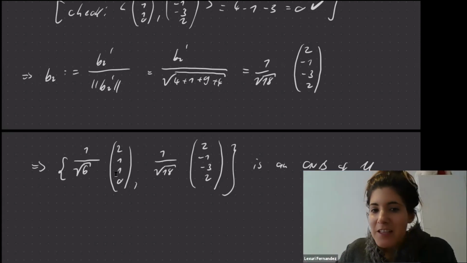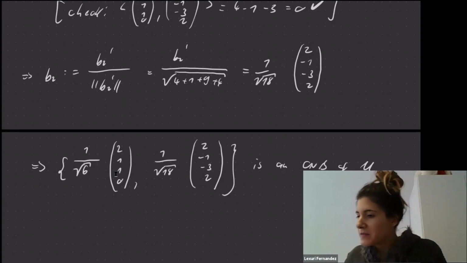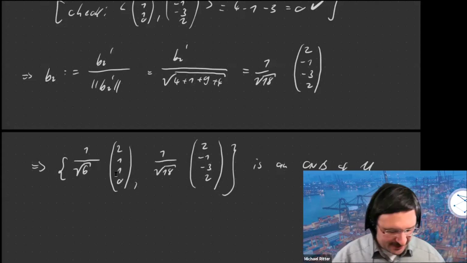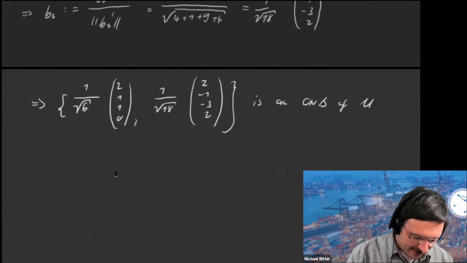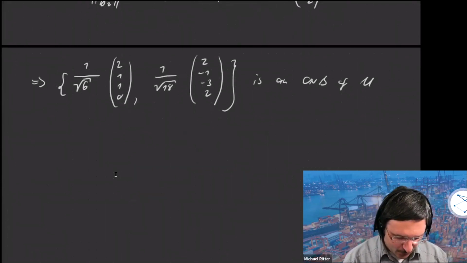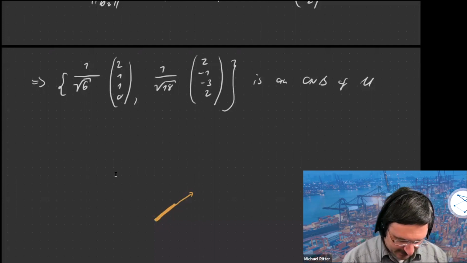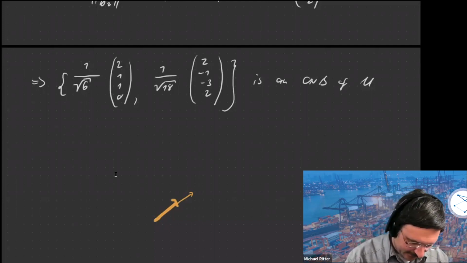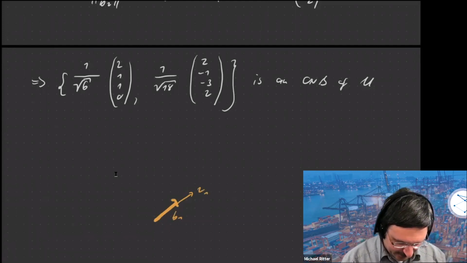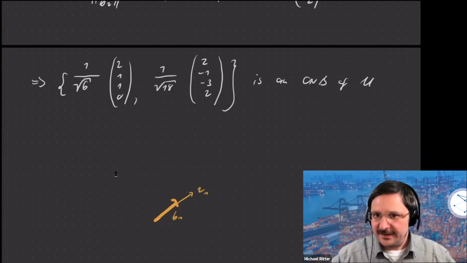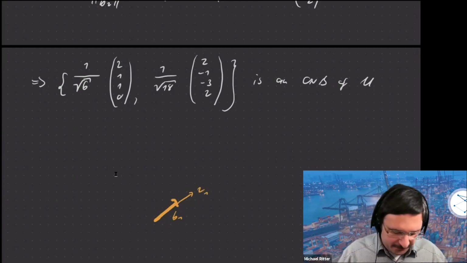Could you maybe shortly explain once again what B2 prime represents? So what we do here is, let's see. So we have this B1. I'll start with that. Let's say we have V1 here, and then we normalize that and we get B1. So this is V1, basically the same vector, but with length 1 now.